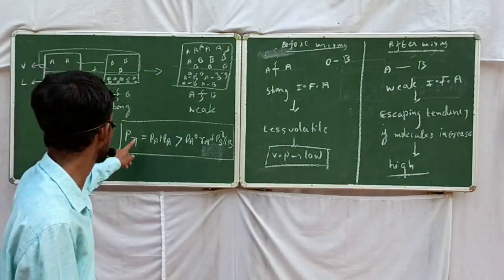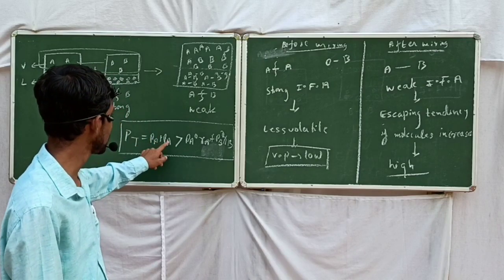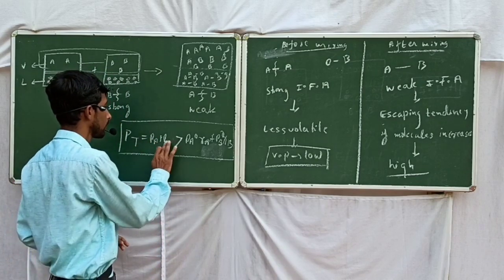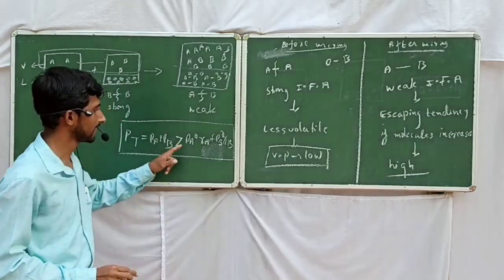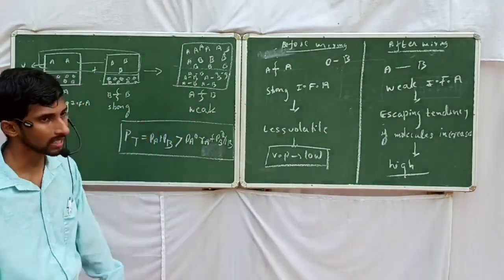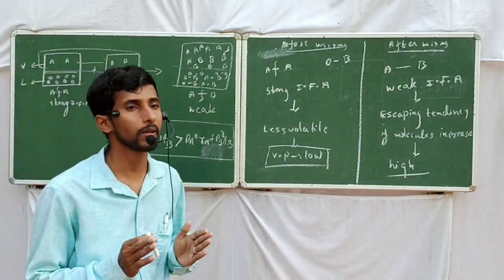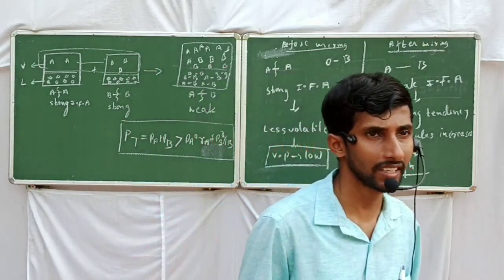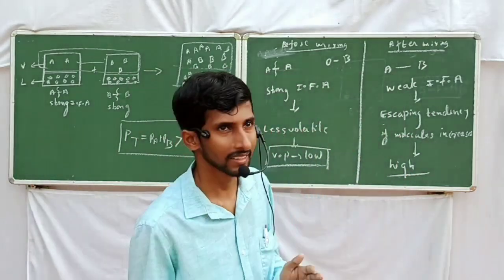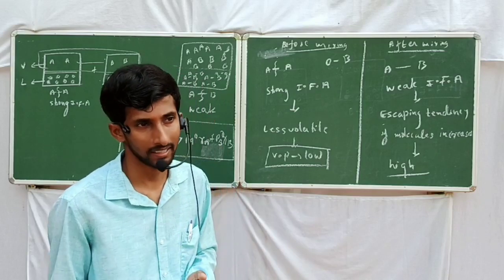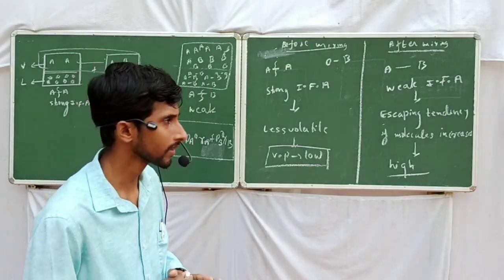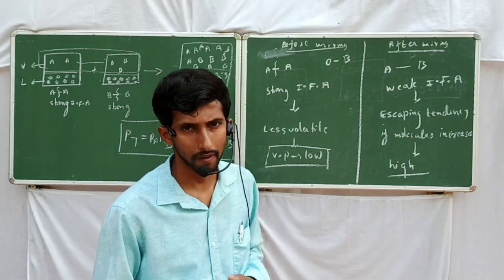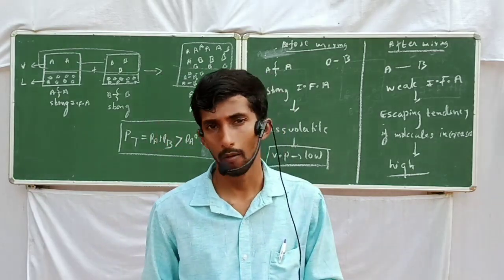PA plus PB is greater than that calculated by using Raoult's law, because according to Raoult's law, that is the ideal condition, there is no change in the intermolecular forces of attraction before mixing and after mixing.